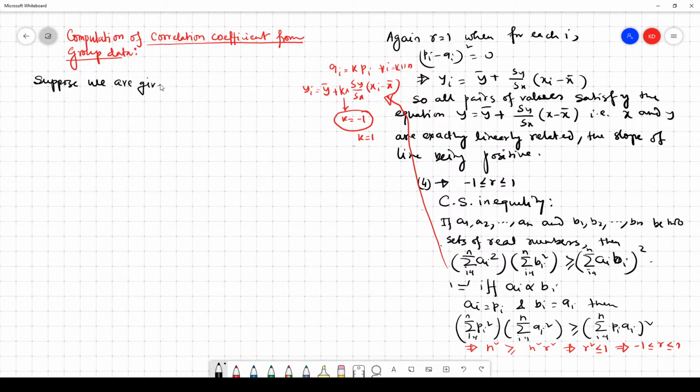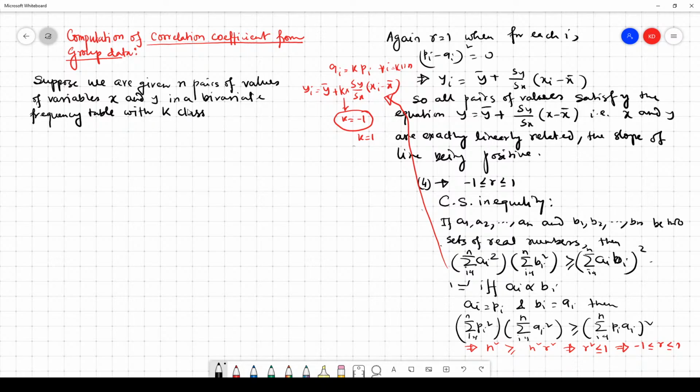Suppose we are given n pairs of values of variables x and y in a bivariate frequency table with k classes for x and l classes for y.